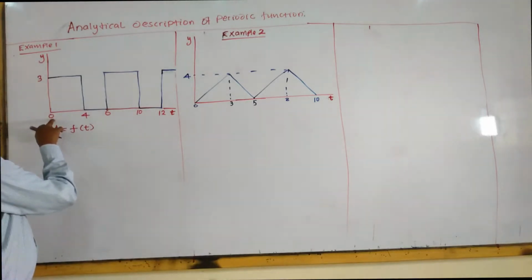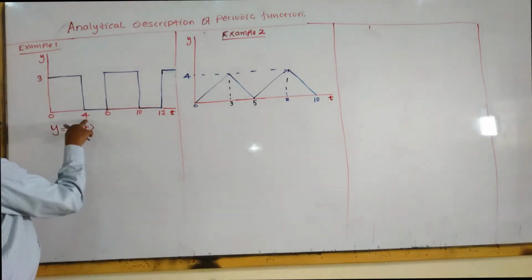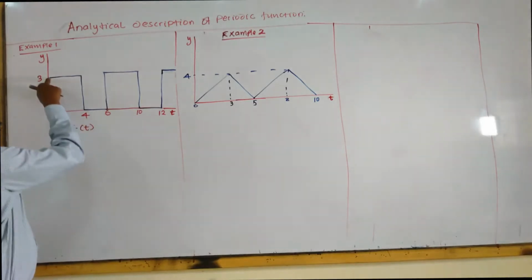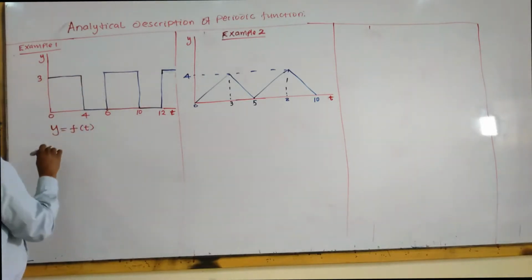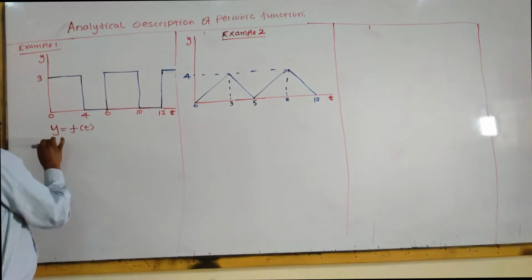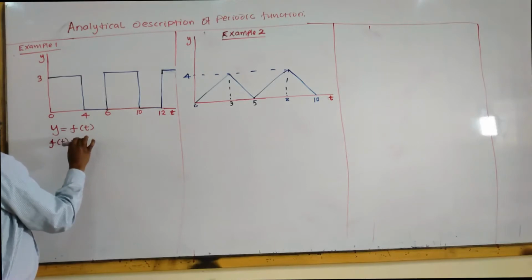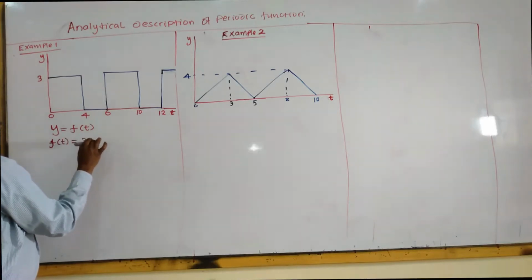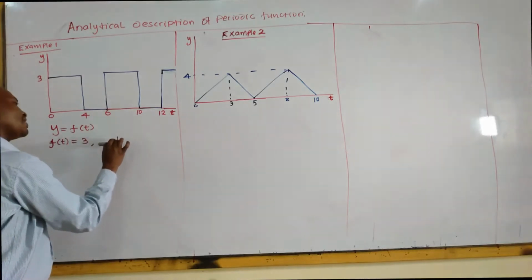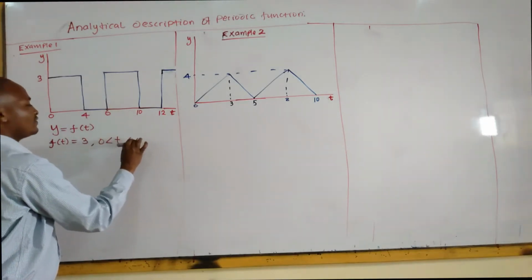Between 0 and 4, the value of the function is equal to 3. So we can now say the function of t is equal to 3 between time is equal to 0 and 4.